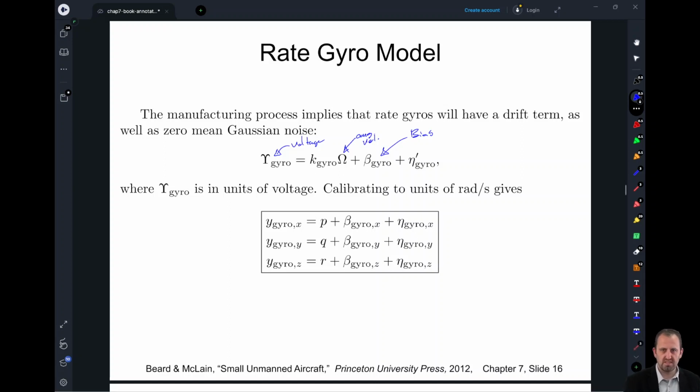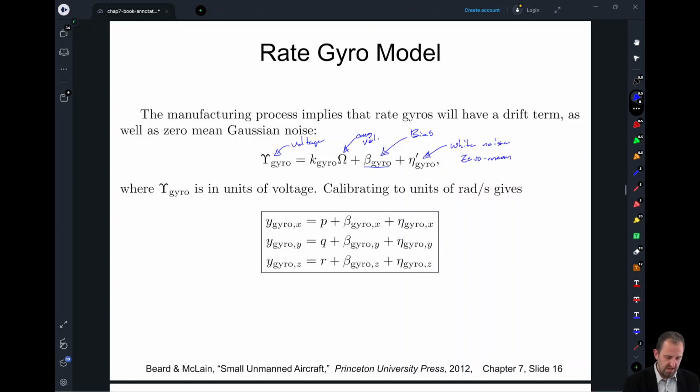So you typically measure it every time you start, or you can include it in your Kalman filter to estimate that bias. And then we have something that's given by white noise. We'll say that that's typically zero mean. If it's not zero mean, we'll put the non-zero component into the bias.